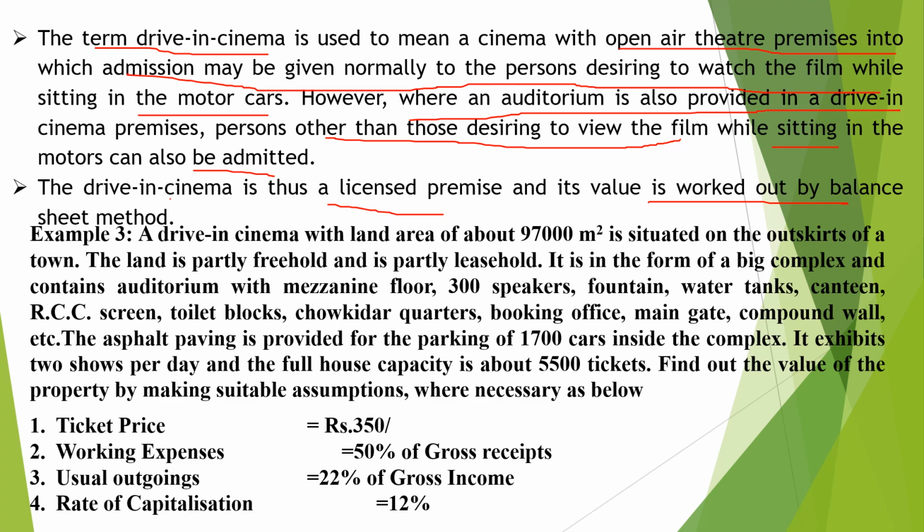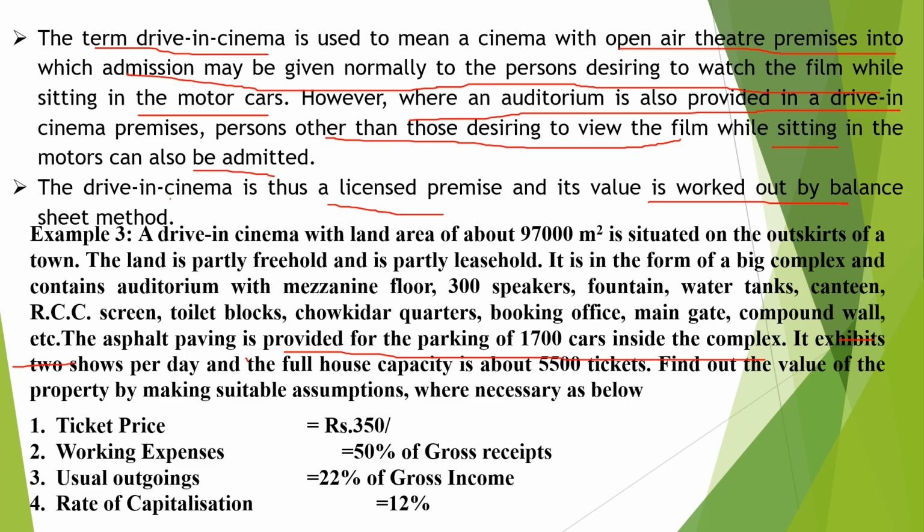It is in the form of a big complex and contains an auditorium with mezzanine floor, 300 speakers, fountain, water tanks, canteen, RCC screen, wooden tile blocks, chowkidar quarters, booking office, main gate, compound wall, etc. The asphalt paving is provided for parking of 1700 cars inside the complex. It exhibits two shows per day and the full house capacity is about 5,500 tickets.